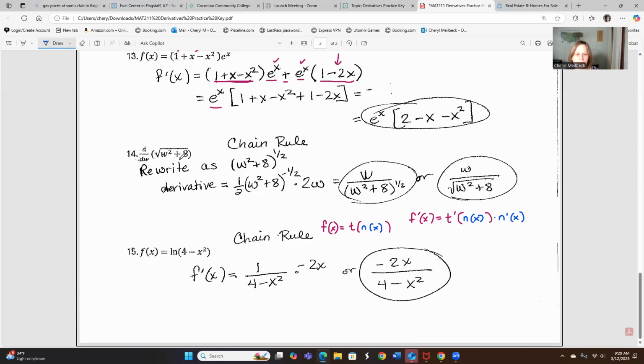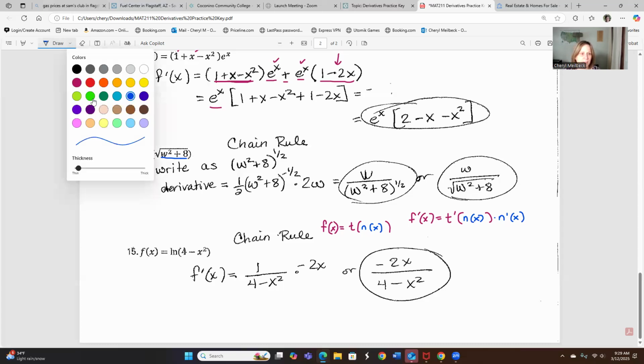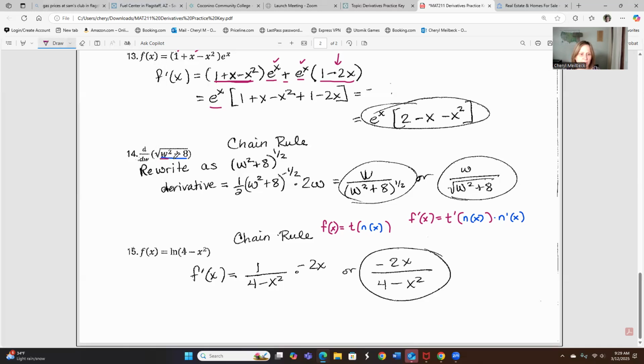We can see here that we have an inside and an outside function, with my inside function being the w squared plus 8. Oh, I should have left that blue. Anyway, here's my inside function, and the outside function is to the 1/2 power. So taking our derivative, using our chain rule, the derivative of anything to the 1/2 power would be 1/2 times the inside function to the negative 1/2. That's this part here.